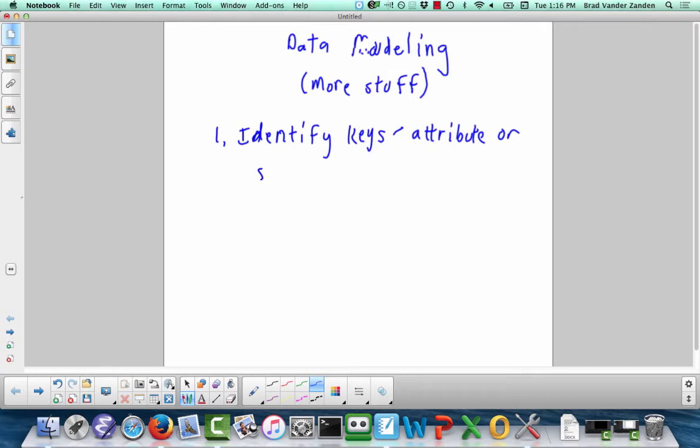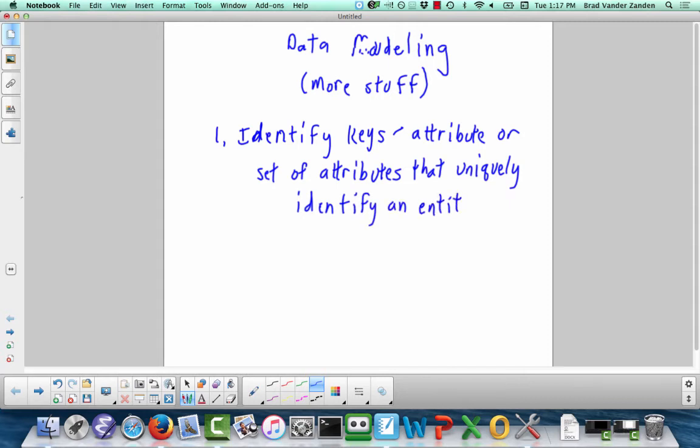So an attribute or set of attributes that uniquely identify. It's a little shaky, but oftentimes we consider a person's full name, last name, first name, middle name, to be a key.